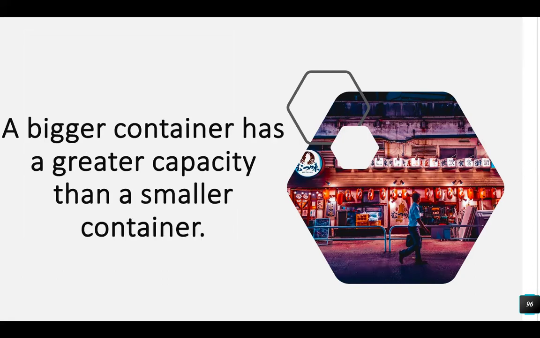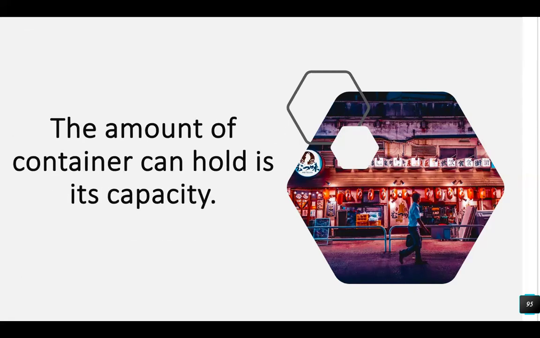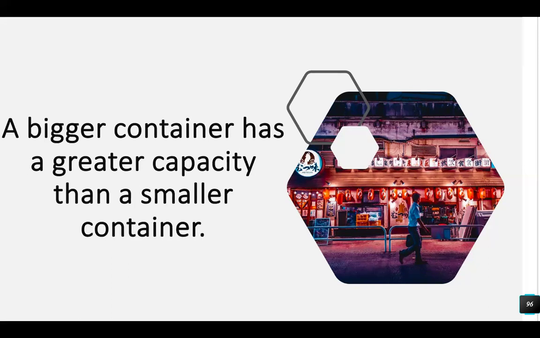Do you hear the words ml or milliliters and liters? Those are the measurements we use for measuring capacity. A bigger container has a greater capacity, like our pail, the big bottle of soft drinks. Then a small container has a smaller capacity.